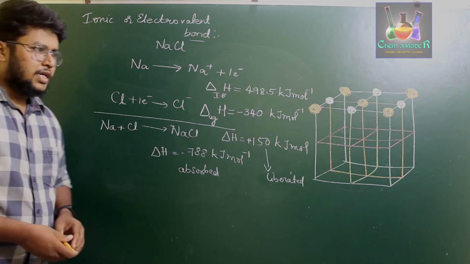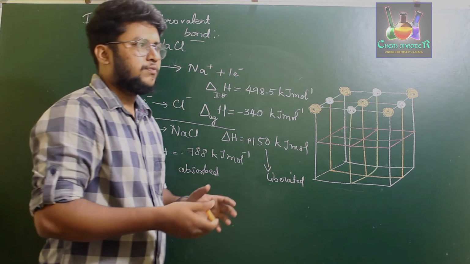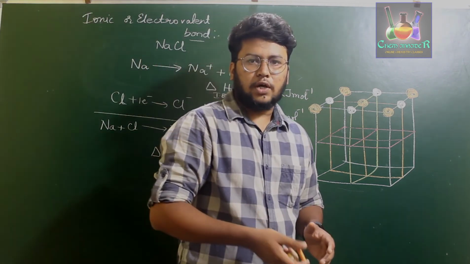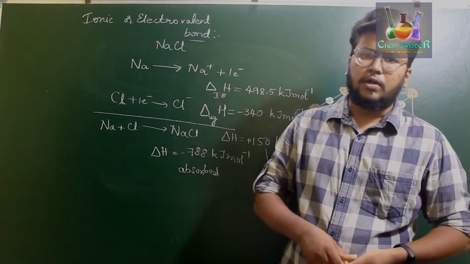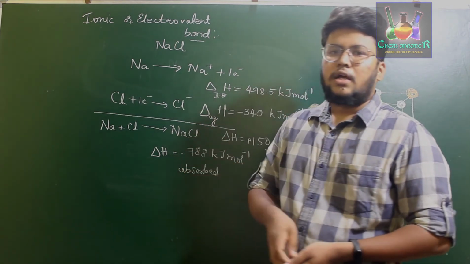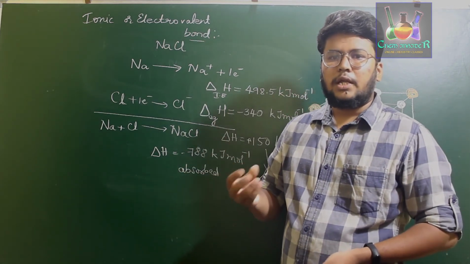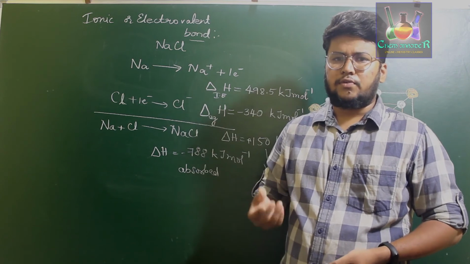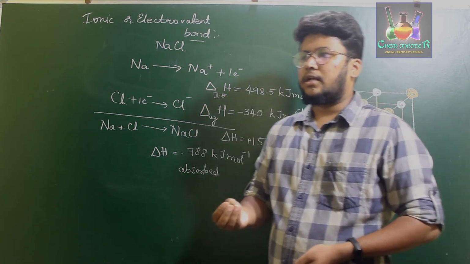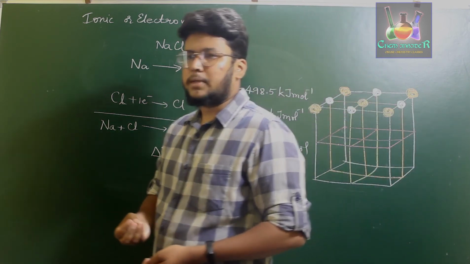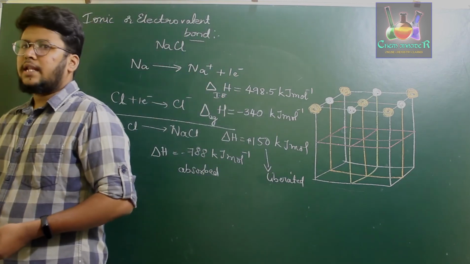So whenever you consider the formation of an ionic compound by a cation and an anion, we come across a certain elementary alteration in energy changes. That particular energy is called the lattice enthalpy. So what is the definition of lattice enthalpy?